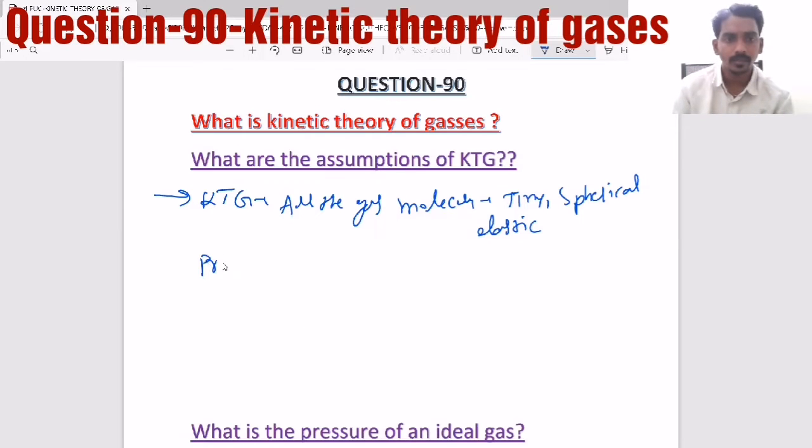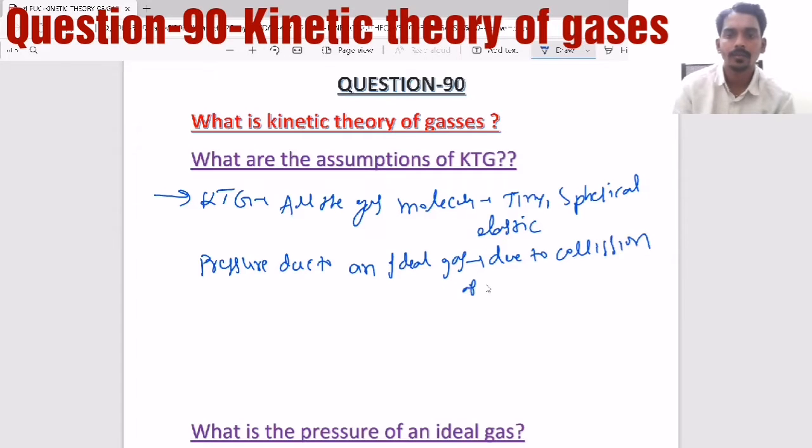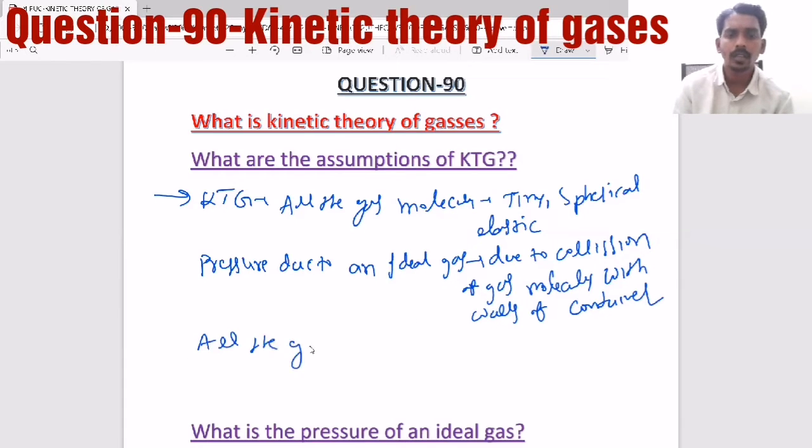And pressure due to an ideal gas is due to collision of gas molecules with walls of the container, and all the gas molecules move randomly with random velocities.